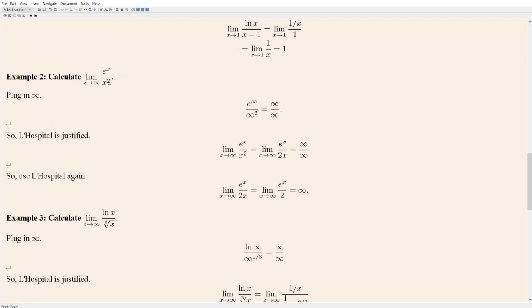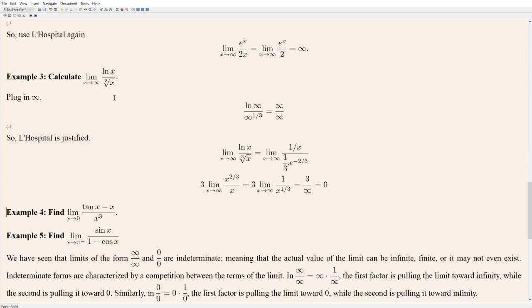Over here, e to the x over x squared, that ended up being infinity. So that means that as x goes to infinity, e to the x wins. That wins the tug of war. So e to the x explodes much, much faster than x squared does. Over here, this guy ended up being 0. So that means that the cube root of x wins in the tug of war.